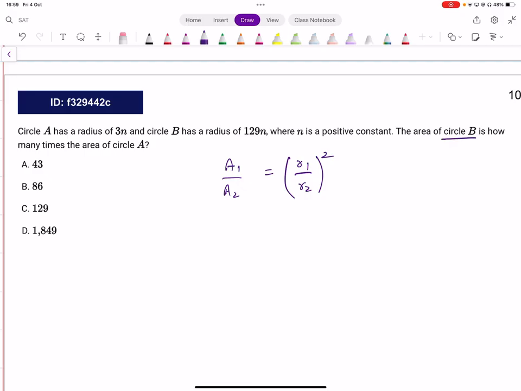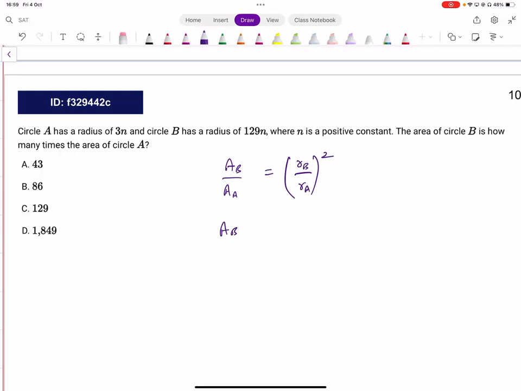So area of circle B is how many times the area of circle A. So let's say we are calling B1 and A2. Okay, so A1 over A2, or we could just write it like this to make it simpler. We could say area of B over area of A equals RB over RA whole squared.